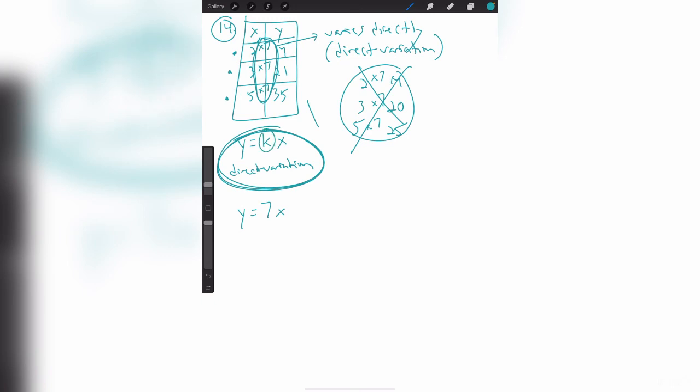Our constant of variation, which is our constant that's not changing, is 7. Whenever you hear something that's constant, it means it never changes. And variables change. Okay, so our 7 is our constant, and our variables x and y are there.